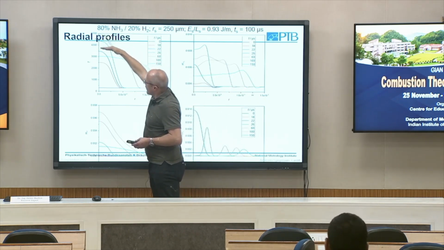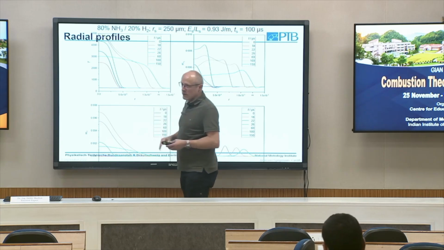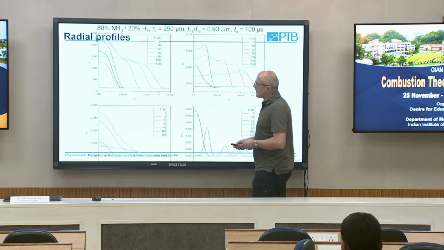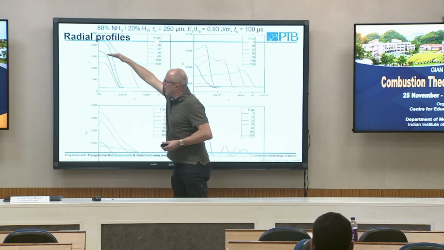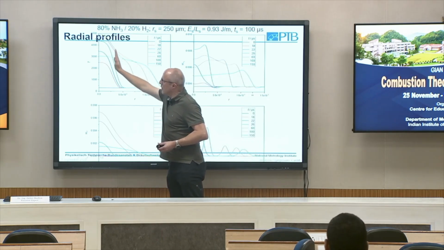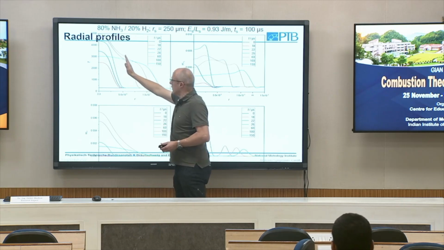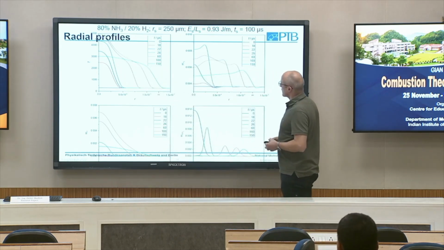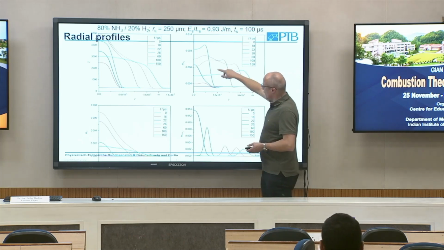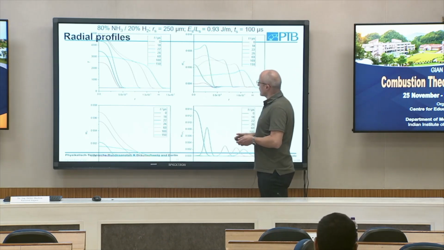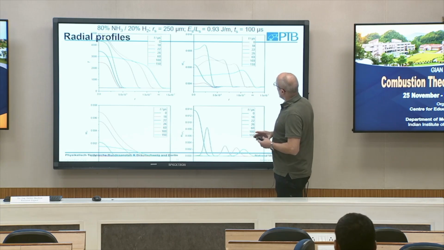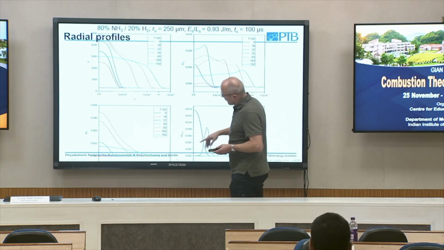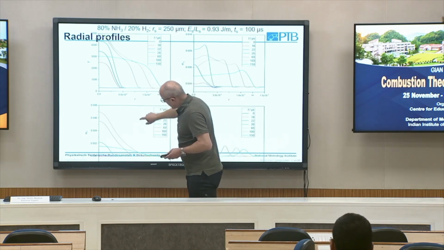So after 100 microseconds, the temperature decreases again inside the hot gas kernel, but here combustion has taken place, so the flame moves to the outer side. This we also can see when we look at this hydrogen, for example, or even better here in case of the H atoms.